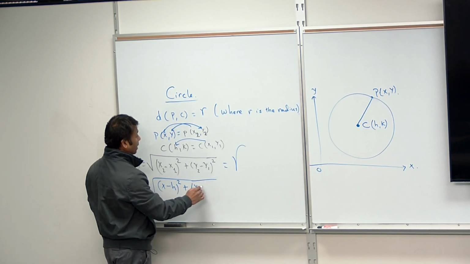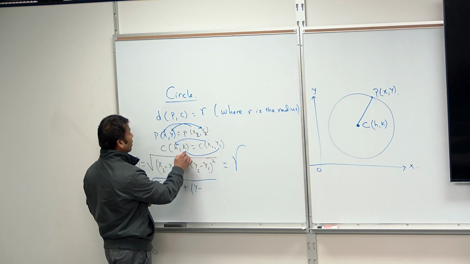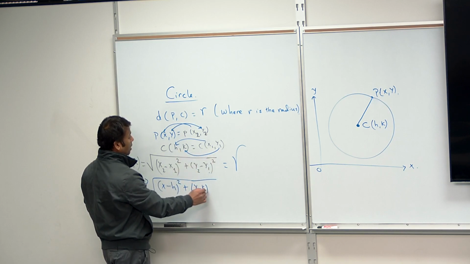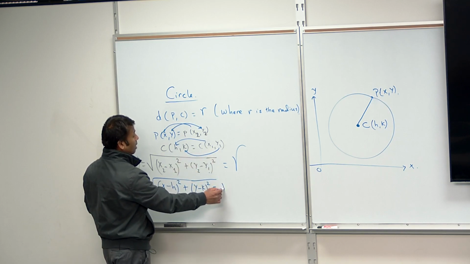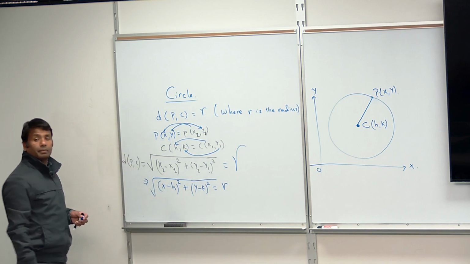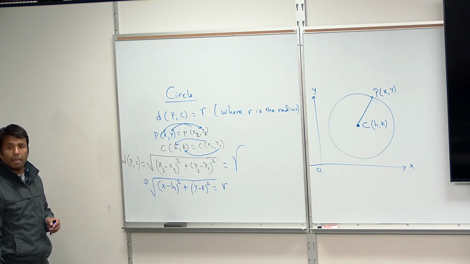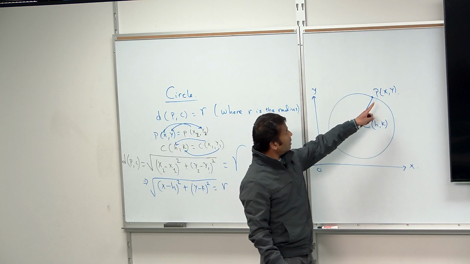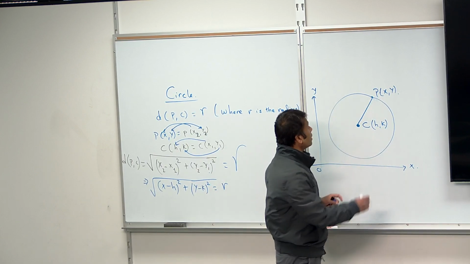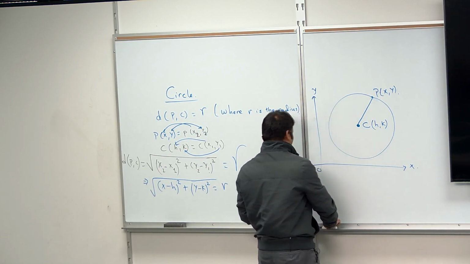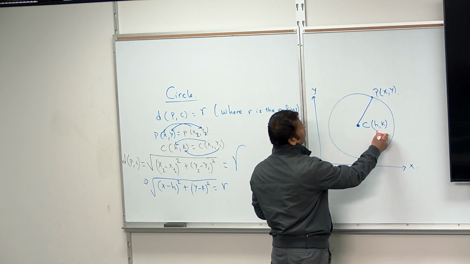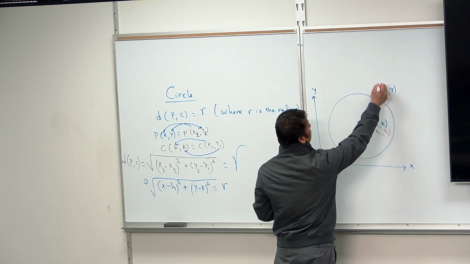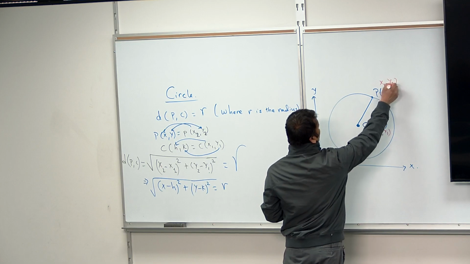Y minus, what is your y1? k, square, equal to r. Are you guys with me? I just found the distance between this point and this. I consider this point as x1, y1, and this is x2, y2.